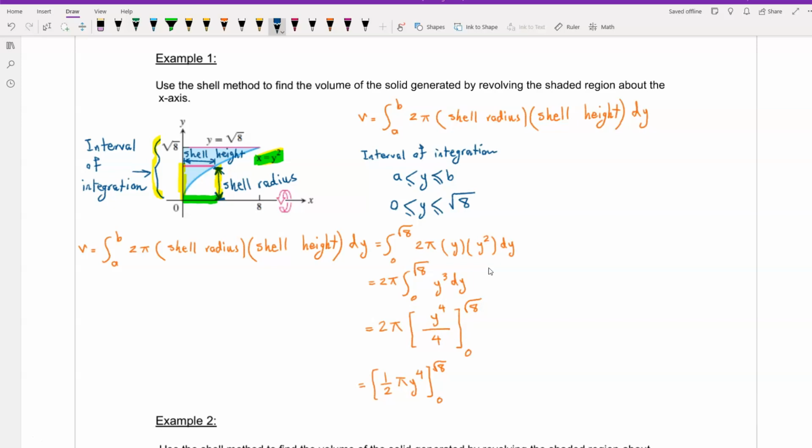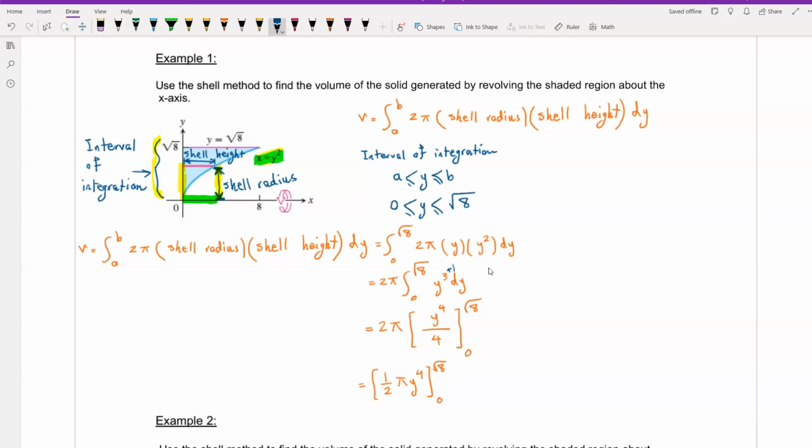So here we have to integrate. I first move the constant 2 pi out of the integral, and then we can integrate. We have y cubed, 3 plus 1, so that will be our power. It's y to the 4th power, using the same number, 4, in the denominator.